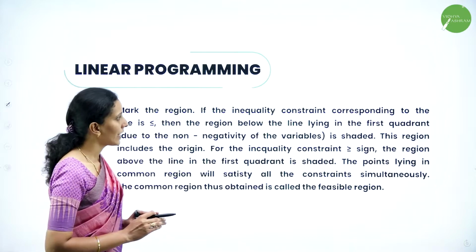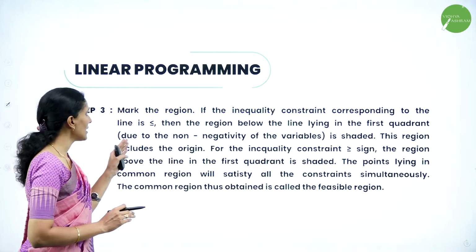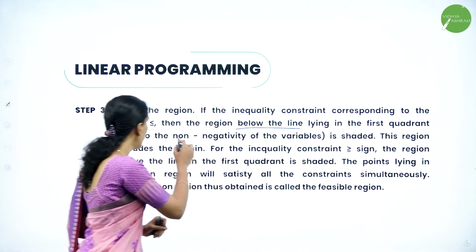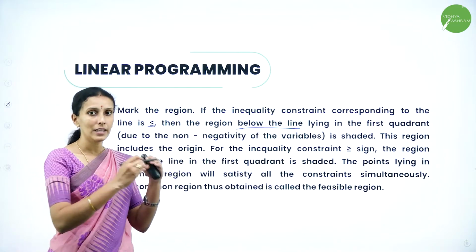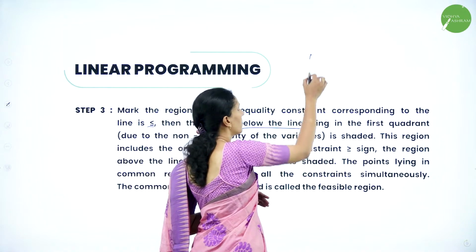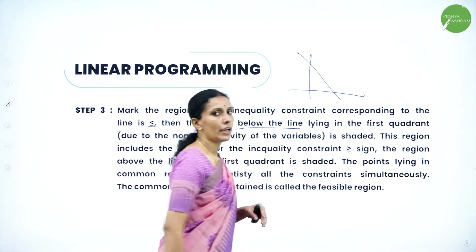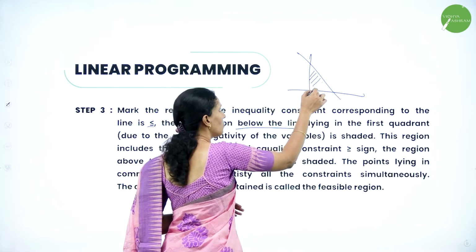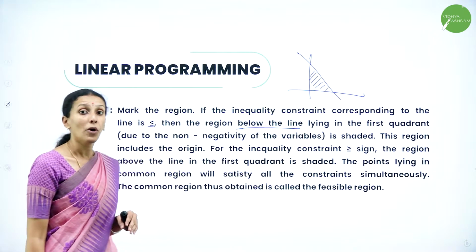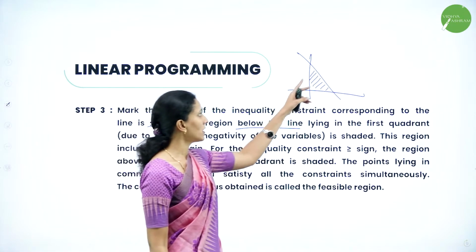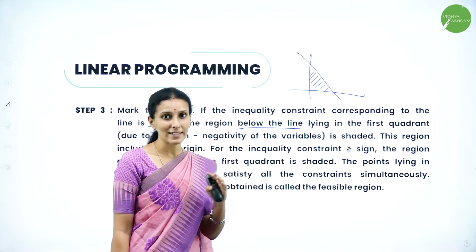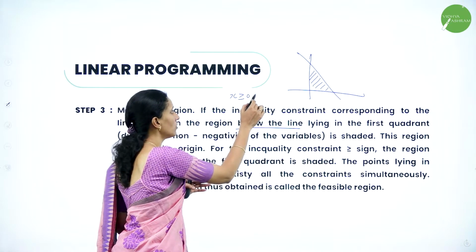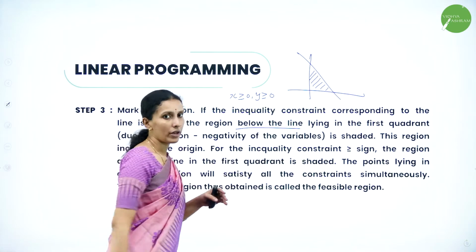If the inequality constraint corresponding to the line is less than, then the region is below the line. So if you have the less than or equal to symbol, that means if you have drawn any straight line in the coordinate plane, the solution region will be in the positive region. You should know the positive because we are taking only the positive axis here. That's why I have written x greater than or equal to 0, y greater than or equal to 0 in our previous session.